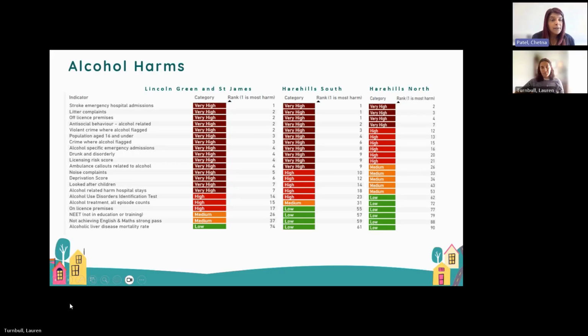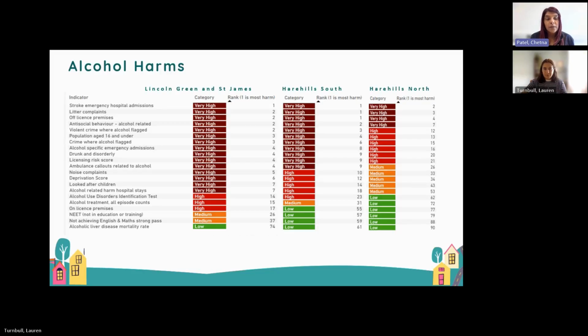Again, this is the matrix that I was talking about, and you can see there the indicators that we look at when we talk about alcohol harms. When we've had licensing in the area, where we've had new licensed premises, and I've been involved in putting some of the public health licensing representations in with elected members and others, we often talk about these very high rates that we have.